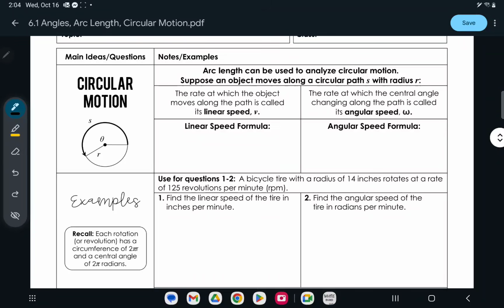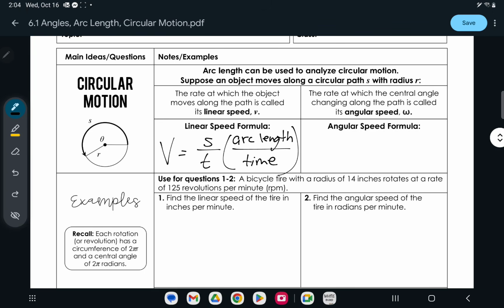Last section here, circular motion. So arc length can be used to analyze circular motion. So suppose an object moves along a circular path S with radius r. We have a linear speed and an angular speed. So the rate at which the object moves along the path is called the linear speed, and that formula is v equals s over t, which is arc length over time.